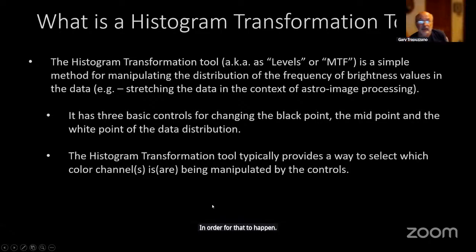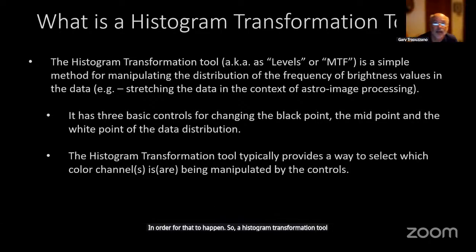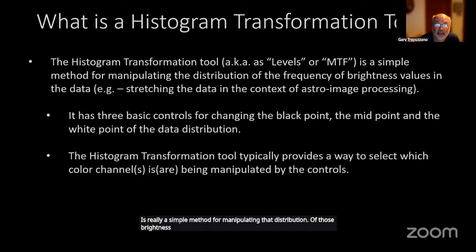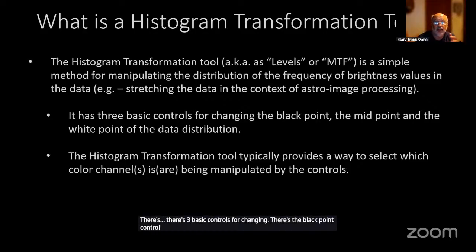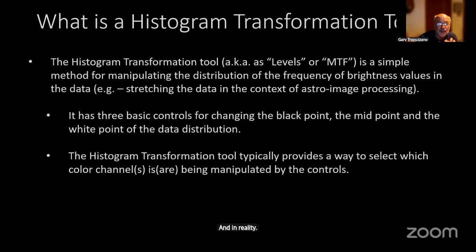So a histogram transformation tool, or levels, or the midpoint transfer function, is really a simple method for manipulating that distribution of brightness values. And in the context of astroimaging, that's called stretching the data. There are 3 basic controls for changing it: the black point control, the midpoint, and the white point. And in reality, you only use 2 of those.